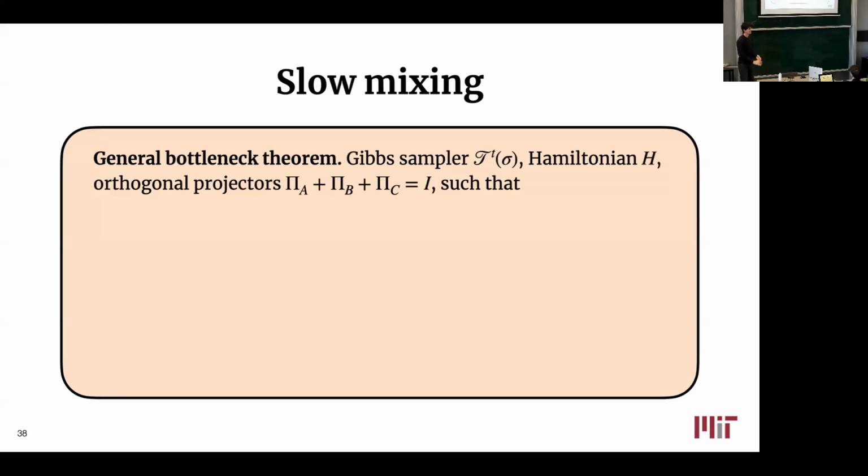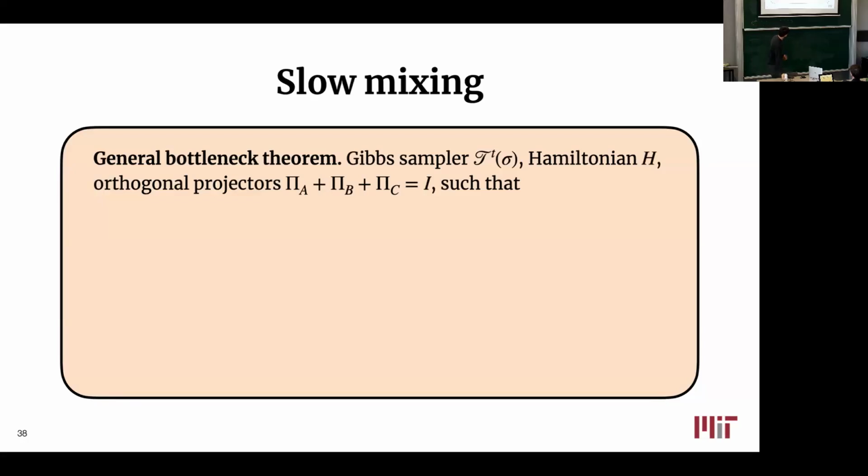Apologies to the people on Zoom. I'll prove it for this kind of discrete Gibbs sampler where you just apply the same map over and over instead of exponentiating. It gives you the same proof anyway.